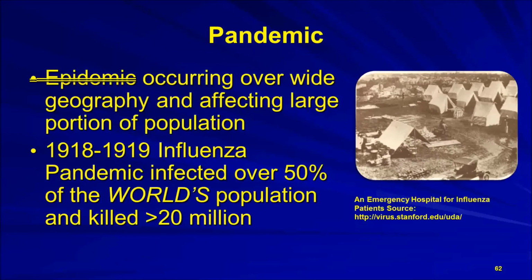And the 1919 influenza pandemic infected over 50% of the world's population and killed more than 20 million. So it's by no means restricted to a county or a region or some area of that sort. It's worldwide, and that's what makes it pandemic.